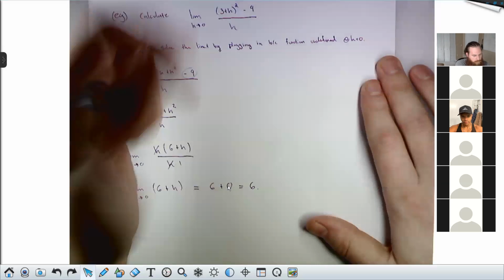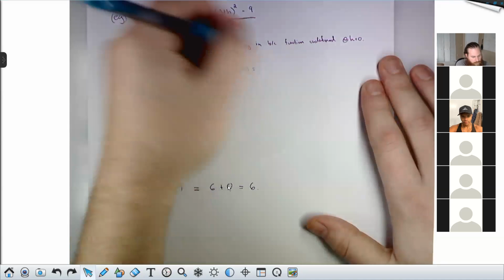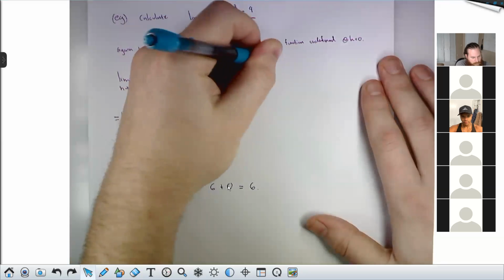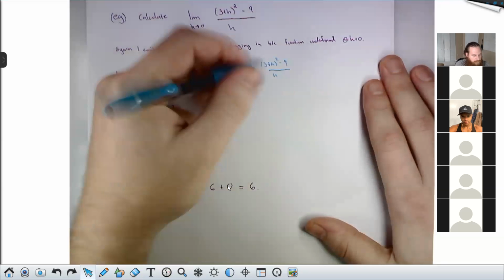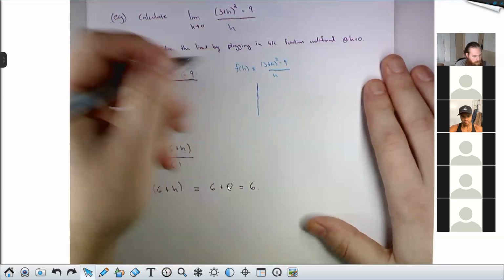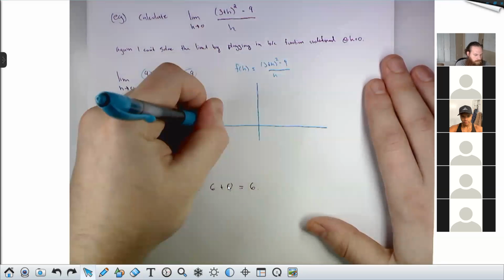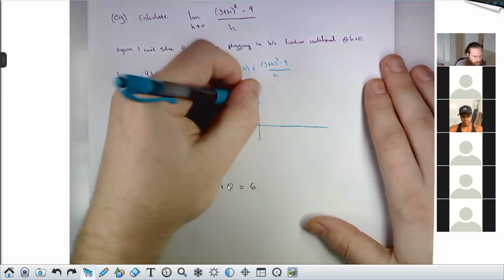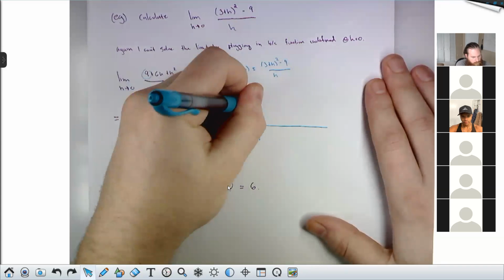If f of h is (3 plus h) quantity squared minus 9 over h, then the graph of that function looks like this.